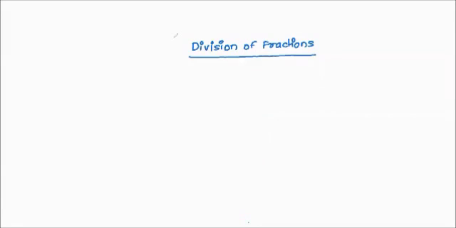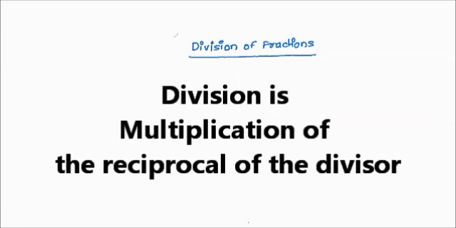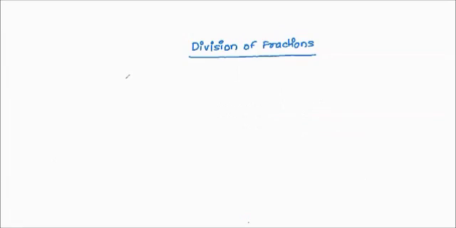Why is reciprocal so important in division? It is because division is multiplication by the reciprocal of the divisor. I'll explain it. So let's say I want to divide 3 upon 5 divided by, let's say, 2 upon 7.